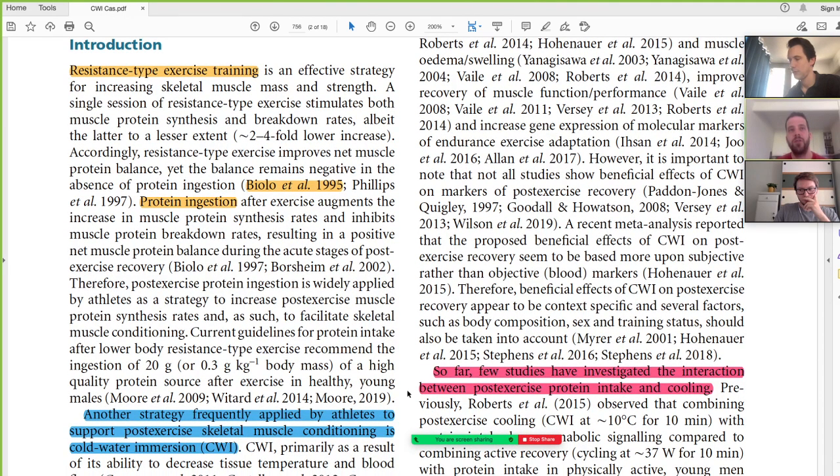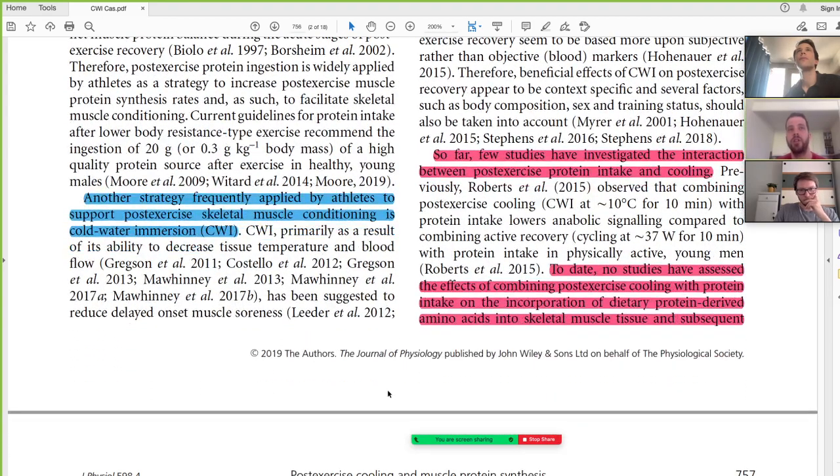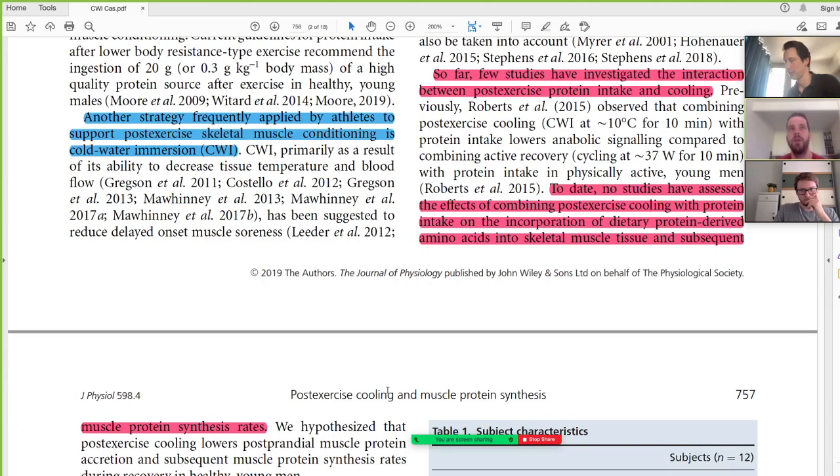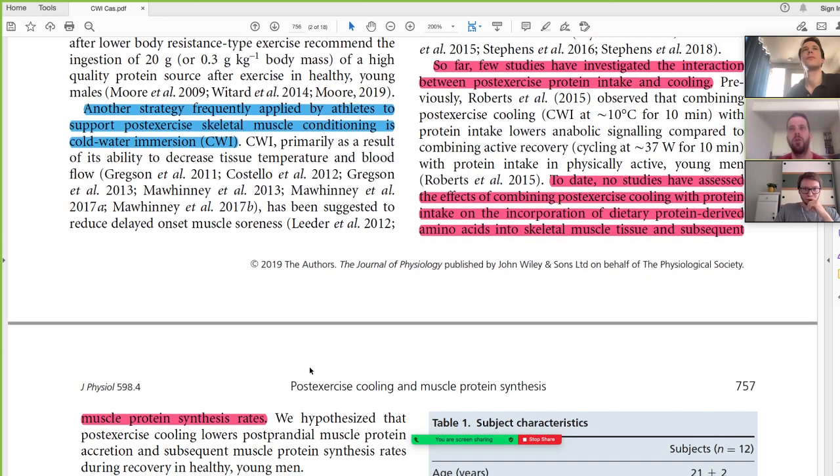And then basically, if we go to the third paragraph, there are the first indications that maybe there may be an interaction or an interference kind of effect if you cool and also ingest protein after exercise. So again, protein is definitely a beneficial thing for at least the muscle adaptive response. Cold water immersion, we don't really know.